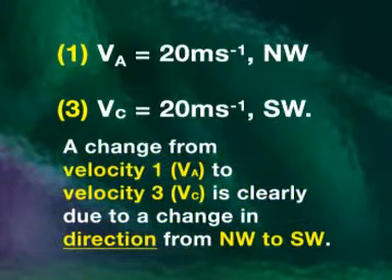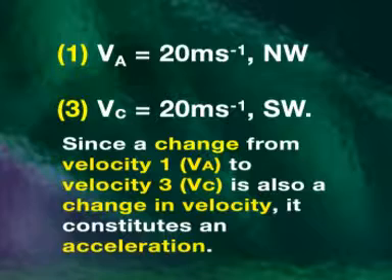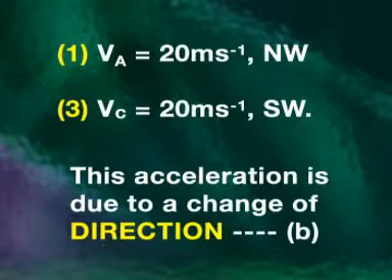A change from velocity 1, that is VA, to velocity 3, that is VC, is clearly due to a change in direction from northwest to southwest. Since a change from velocity 1 to velocity 3 is also a change in velocity, it constitutes an acceleration. This acceleration is due to a change of direction. Let's represent this by the letter B.